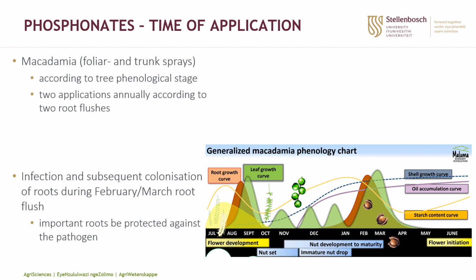However, there seems to be more extensive colonization of the roots following the February-March period, and this is most likely due to temperatures in the soil being slightly more favorable in February, March, and then also following nut production, the host plant probably becomes more susceptible because of the stress of fruit bearing, and also there's a push of carbohydrates to the soil. So definitely the February-March application window is very important for protecting roots from Phytophthora infection, but also subsequent colonization.